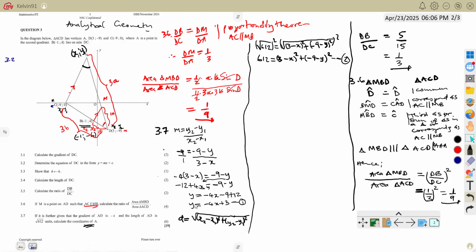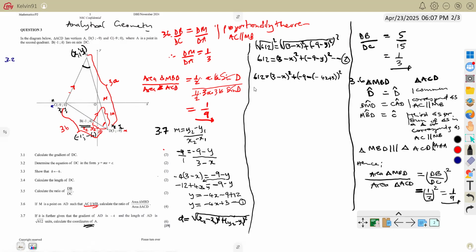But if we check in equation 1, y is the subject of the formula. So you take this y and substitute it here. So you have 612 being equated to 3 minus x squared plus minus 9 minus y squared, and our y is now minus 4x plus 3, squared.